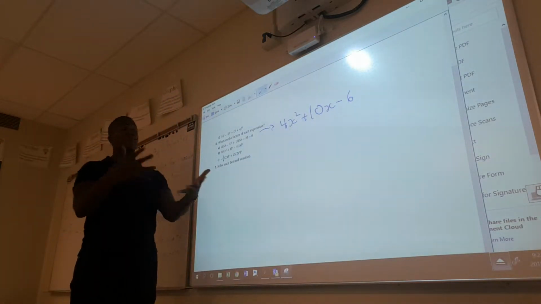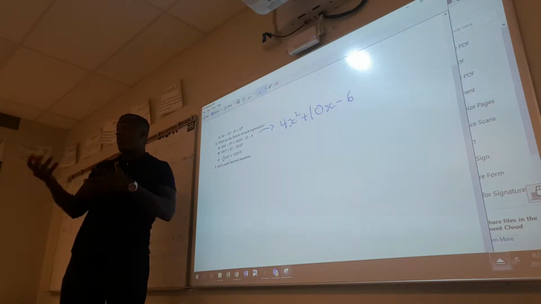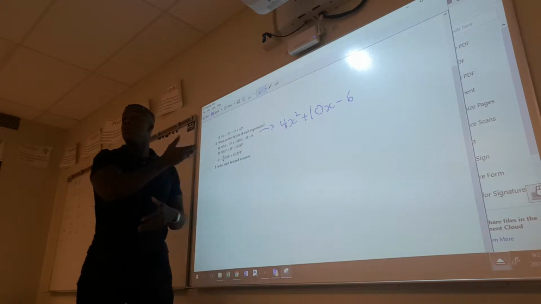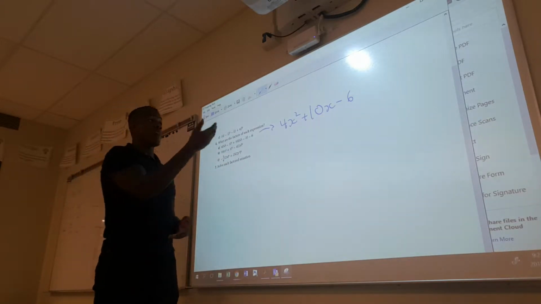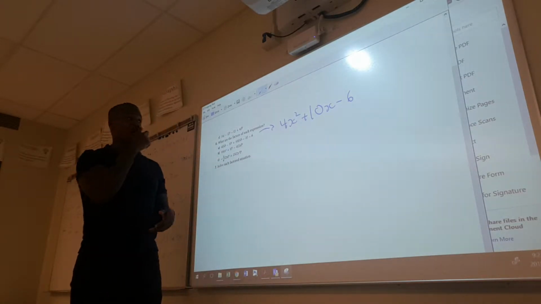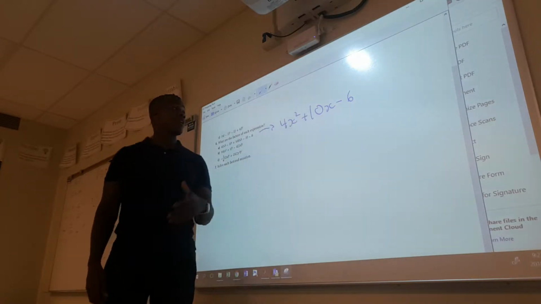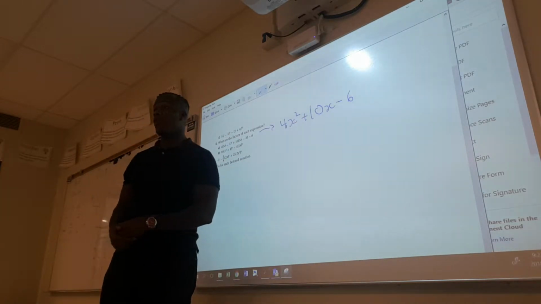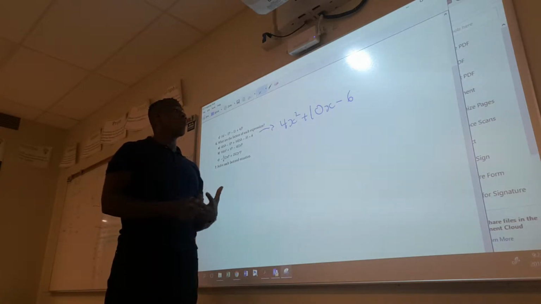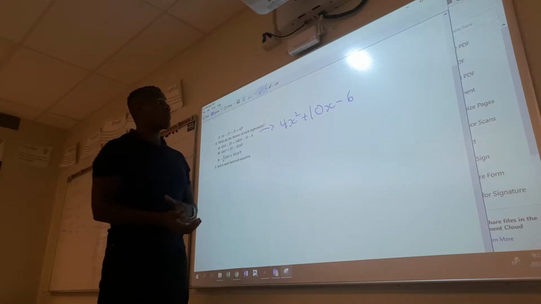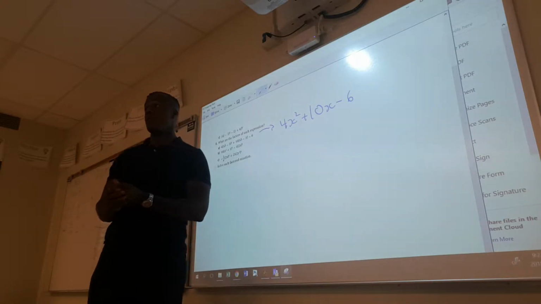Now that I've done that, there's a couple of approaches I can take. I can factor out a 2 and solve it that way, or I can multiply 4 times negative 6, which becomes negative 24. So I need two things that multiply to become negative 24 yet add up to become positive 10.